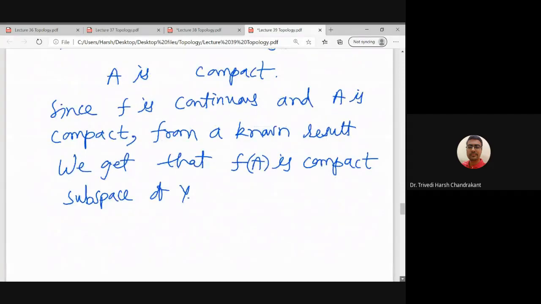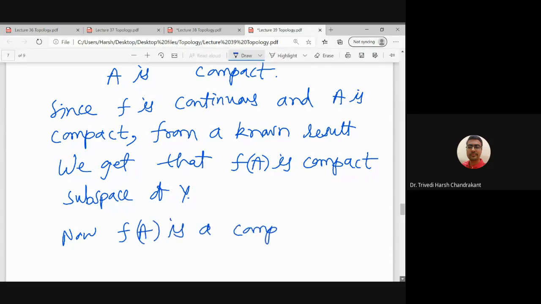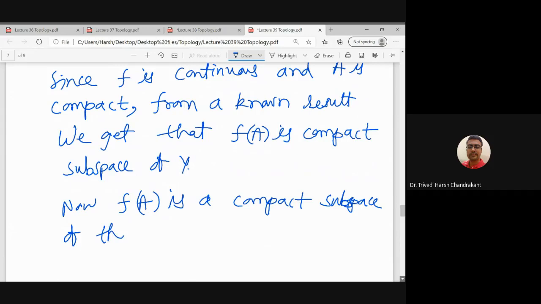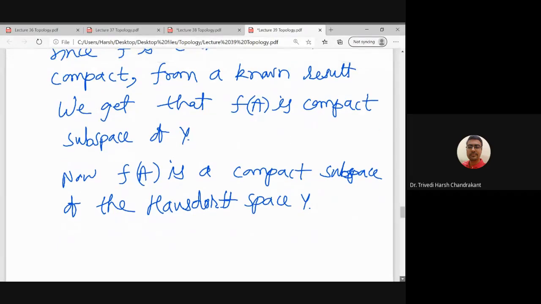And what we know about Y is that it is a Hausdorff space. So now f of A is a compact subspace of the Hausdorff space Y. Now we have a result that every compact subspace of a Hausdorff space is always closed.